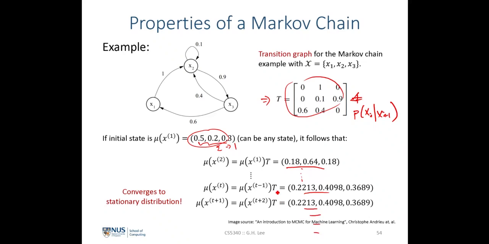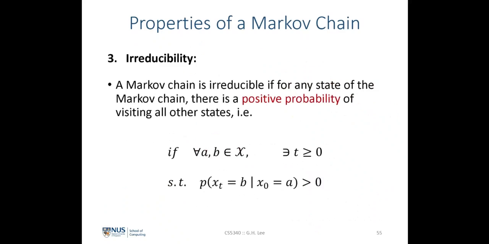So no matter how many times I multiply mu by t, I'm always going to get this same vector. And this is where we say that it has already converged to a stationary distribution, or we simply say that this vector over here is our limiting distribution.